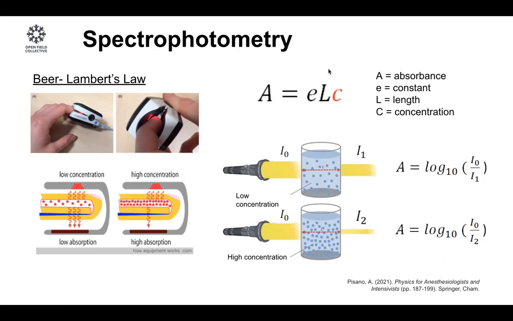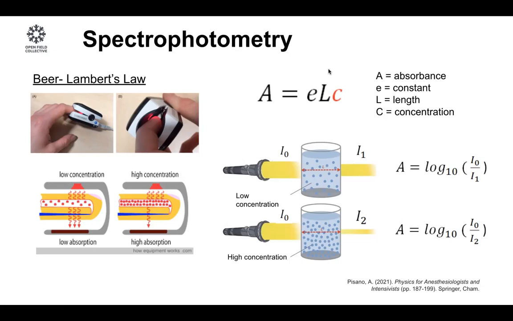If you're shining light with a torch in this example, which has an initial intensity of I naught, then after passing through the beaker with our hypothetical algae, the intensity is I1 in one case and I2 in the other case. The reason they are different is because we have different concentrations of algae in the two beakers. The length of the beaker is the same. The concentration is what changes here.